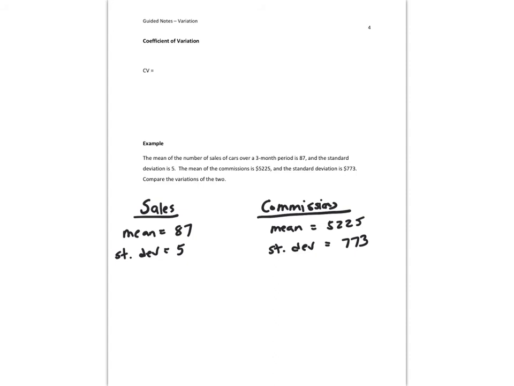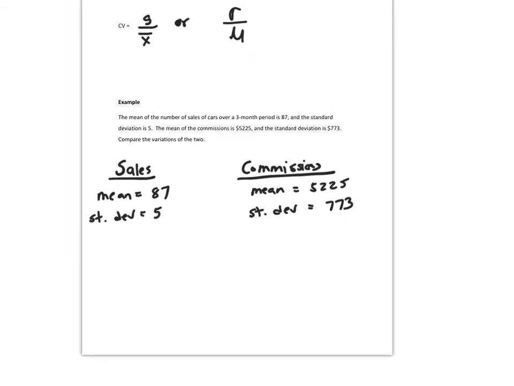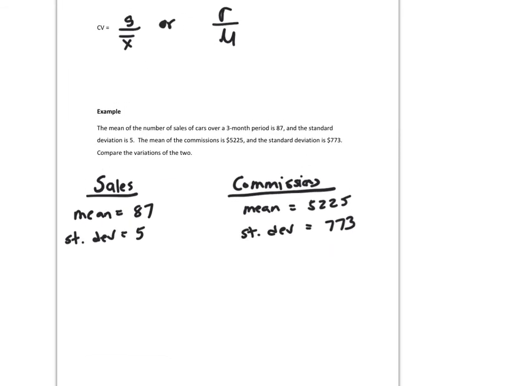The coefficient of variation is the standard deviation divided by x bar, or if you happen to be given population, it would be sigma over mu. So what I have here is sales with a mean of 87, standard deviation 5, and commissions with a mean of 5,225 and standard deviation 773.